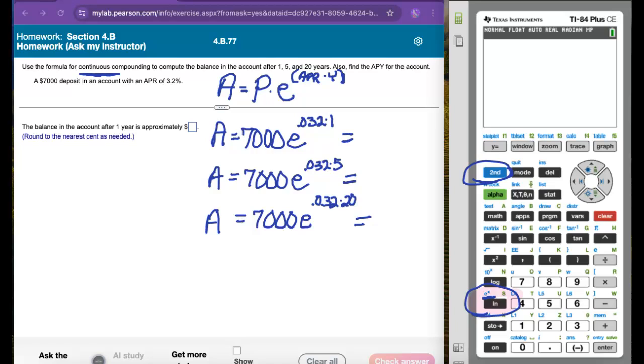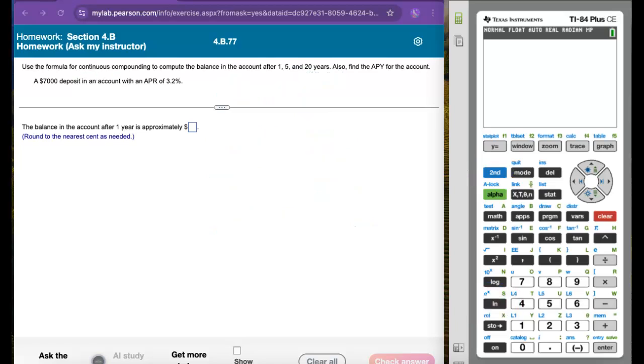Okay. So to do these calculations, I'm going to need to exit the drawing and come over to my calculator, and we're going to type this in. So the first one is 7,000 times E. So E is right here.